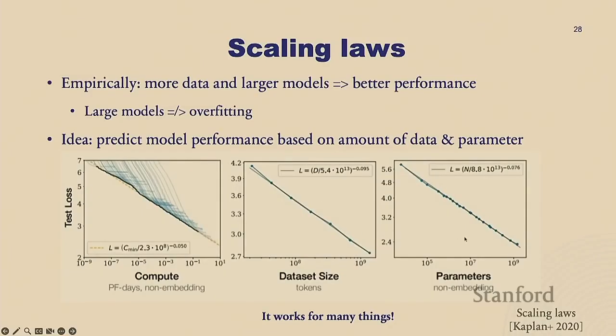If you increase the number of parameters, the loss will decrease by an amount which is somewhat predictable. This is really amazing, very surprising. I mean, it looks innocuous when you look at these type of plots, but that's crazy because it means that you can predict how well we're going to perform in 2-3 years, depending on how much compute we will add, assuming that these things will hold. There's nothing theoretical about it.